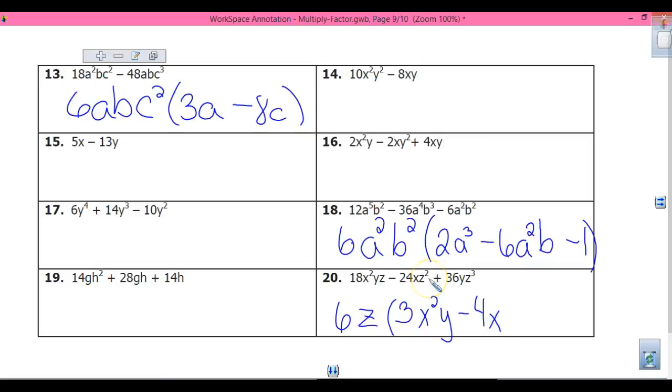Yeah. So what do I have left over? Z. Plus 6. Did I take out a y? No. So that stays. I took out one of my z's. What do I have left over? Z squared. Okay, not super easy, right?